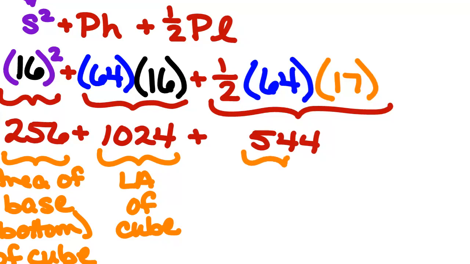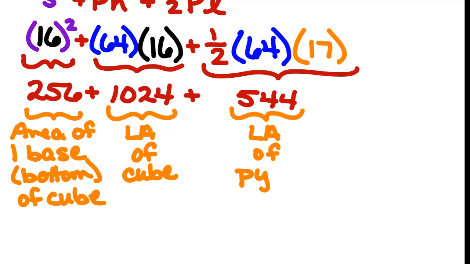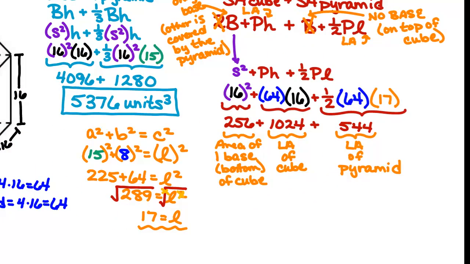And this 544 over here is the lateral area of the pyramid. When you're doing these problems for me, you do not have to label those pieces, but I am going to be asking as we're going through especially surface area stuff, where these different numbers are coming from, what they correspond to on the picture. What would our total surface area be for this object?